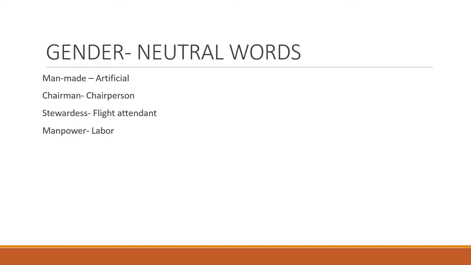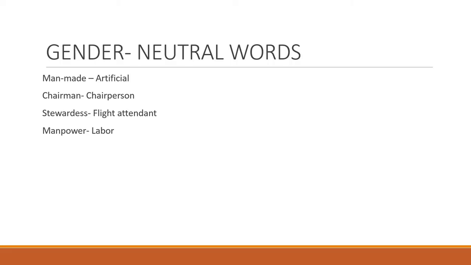Instead of saying chairman, you could say chairperson. Stewardess, you could say that, but it is more preferable to use flight attendant to avoid sexism. Manpower. When I say manpower, it is obviously favorable to the part and size of men.